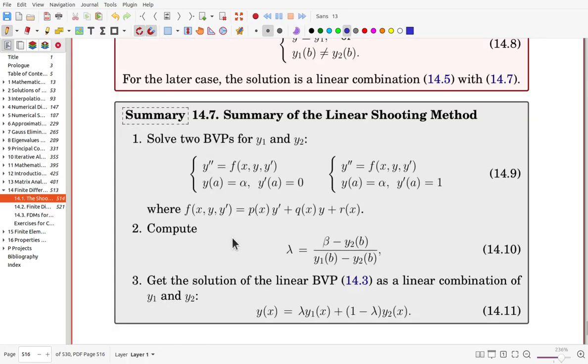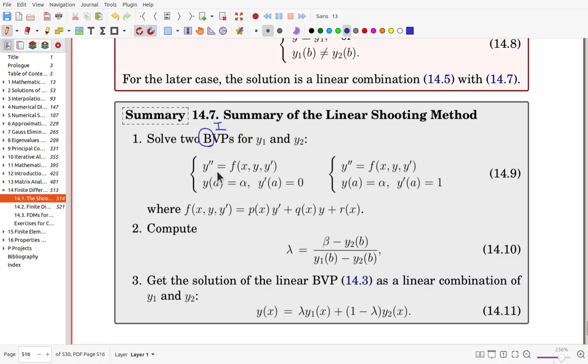Now we have a summary for the linear shooting method. To solve the boundary value problem, we first solve two initial value problems, so in fact there is no boundary value problem; they must be initial value problems.